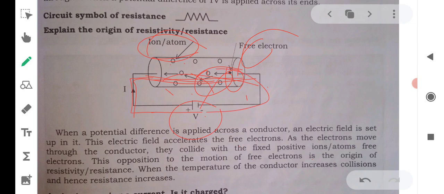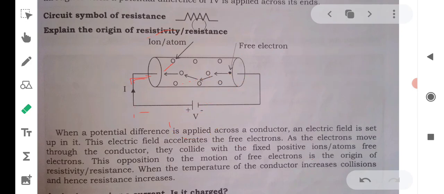Suppose the temperature of this conductor increases. Automatically the number of free electrons will increase, because atoms will break off and that gives free electrons, and ions also break off, and that gives free electrons again. The number of free electrons increases, so automatically resistance will decrease.